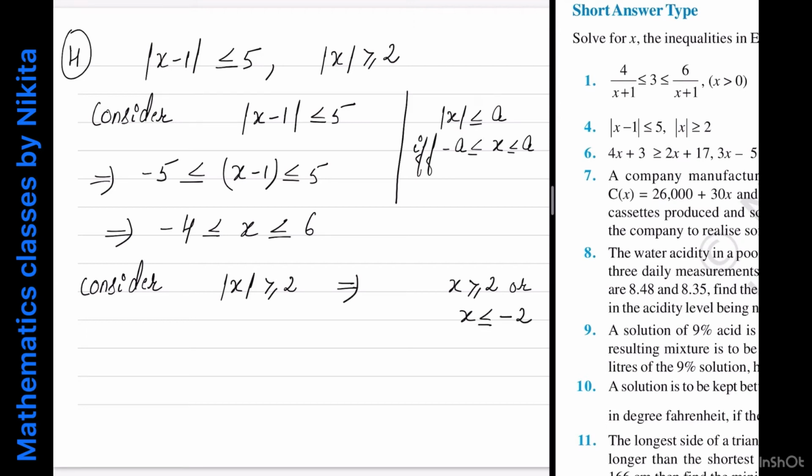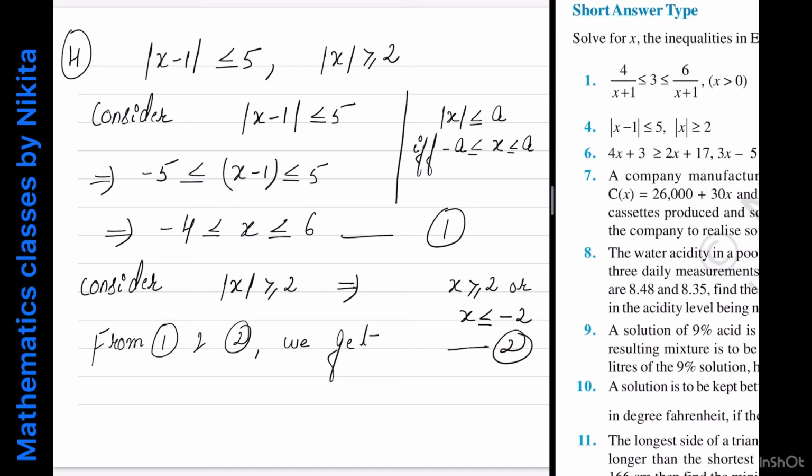Okay, now because of 1 and 2, you have to take the intersection of 1 and 2. So from 1 and 2 we get that x belongs to the closed interval minus 4 to, now x is greater or equal to minus 4 but x has to be less than or equal to minus 2.